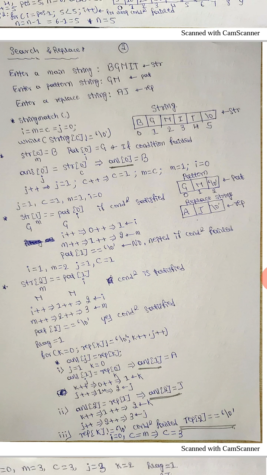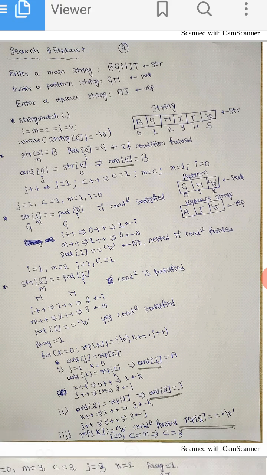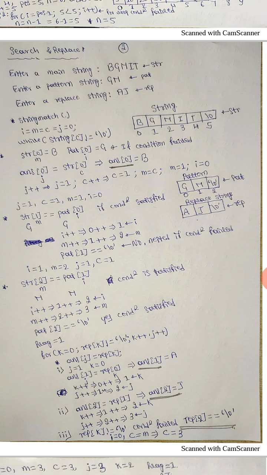So these are the points we need to consider. And before we understand the tracing of how the string match function works, first let us understand the program and then we will come back to this document.